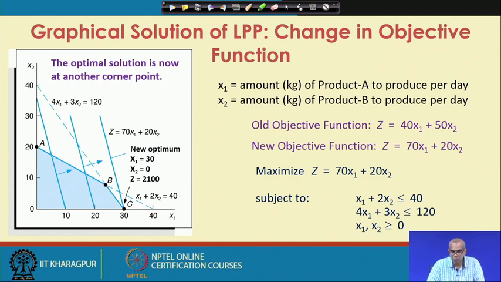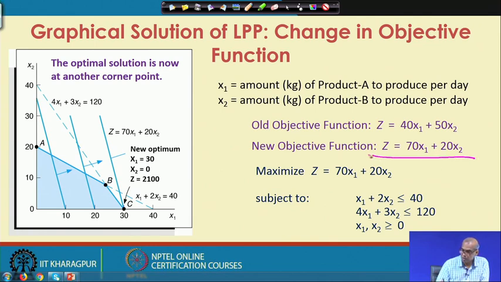What happens if I change the objective function? In the previous problem, we had the objective function z equal to 40 x 1 plus 50 x 2. Let us now change the objective function to z equal to 70 x 1 plus 20 x 2. We have kept the constraints unchanged, so the feasible region remains unchanged.